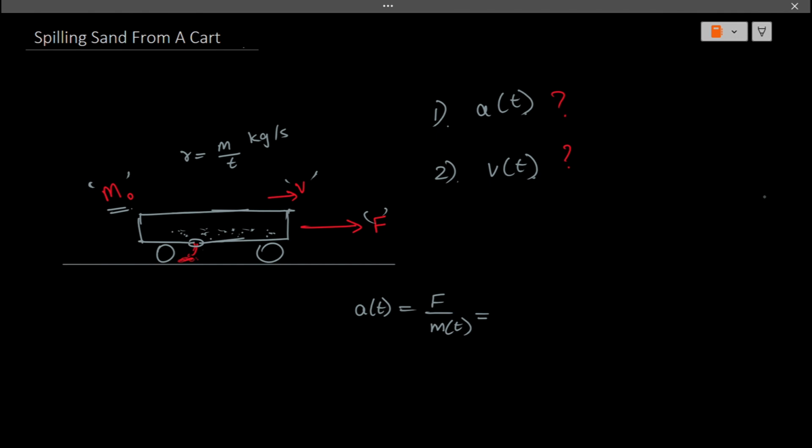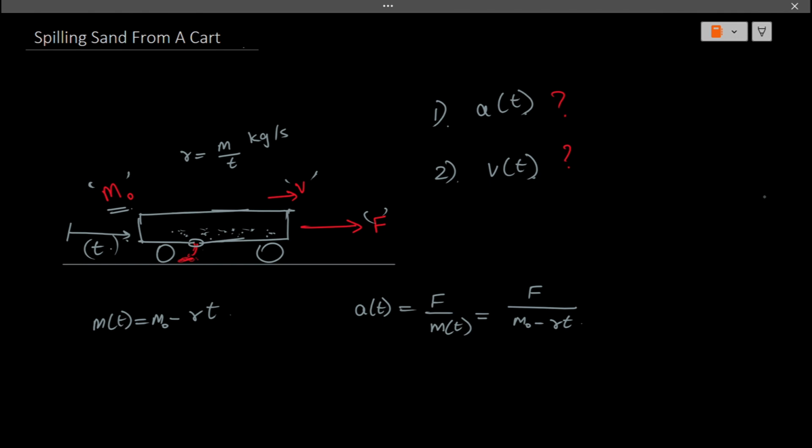F is the constant force it is being pulled by, so that will remain F, but the mass as a function of time will be the original mass m0 minus the rate times the time which has elapsed ever since the cart has been moving for a time period of t. So we have m of t as m0 minus R t, and F is the constant force F.